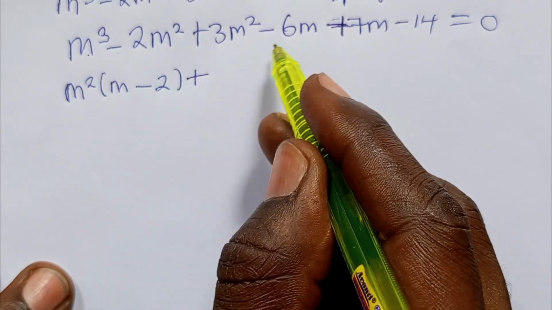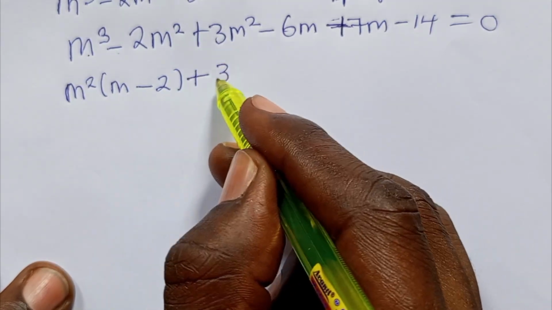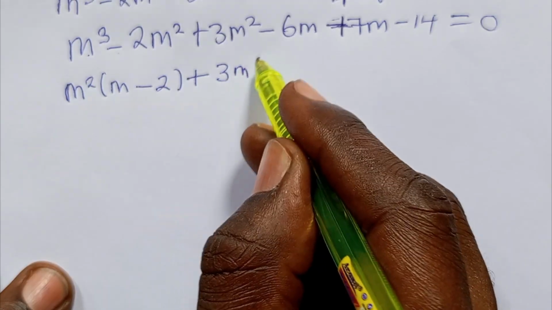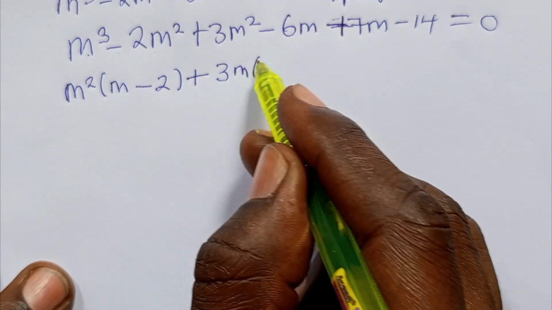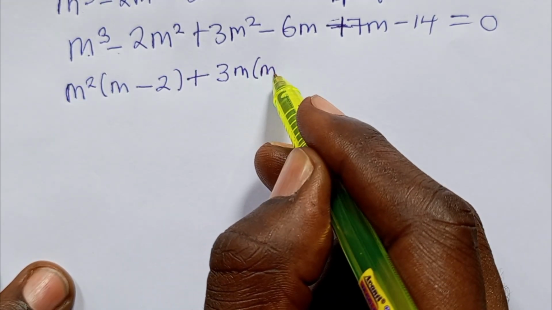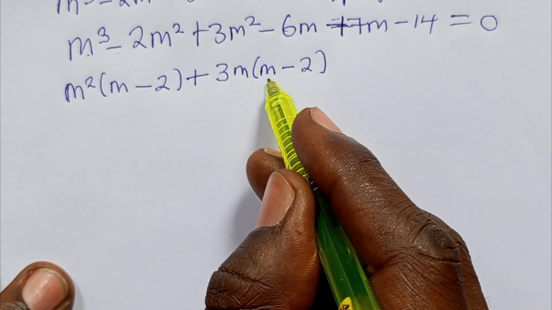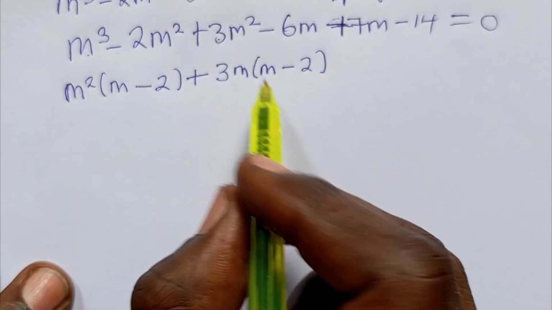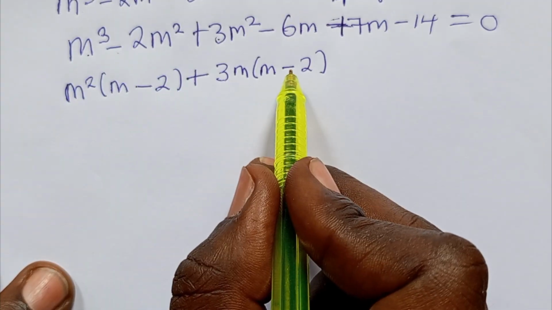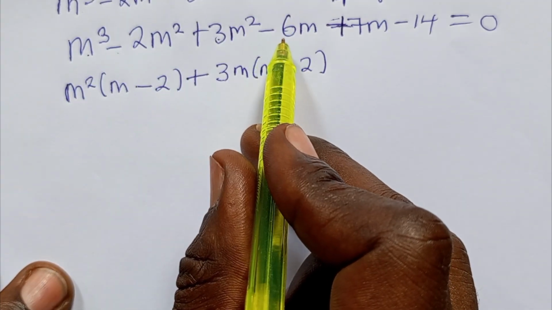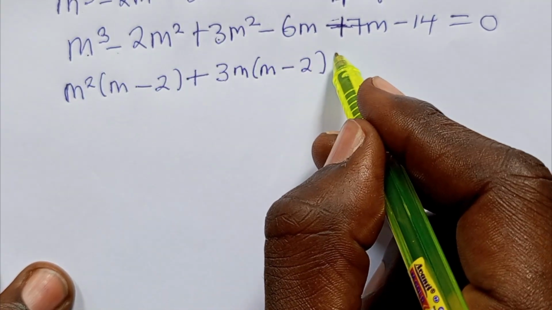What is common between these is 3m. Factoring 3m, we are left with m minus 2, because 3m times m gives back 3m squared, and 3m times minus 2 gives back minus 6m.